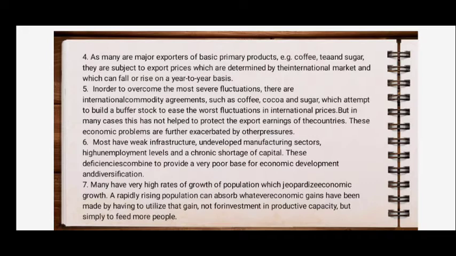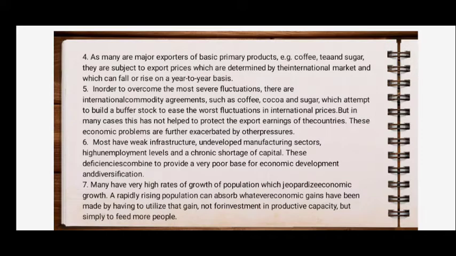Number four, as many are major exporters of basic primary products, for example coffee, tea, and sugar, they are subject to export prices which are determined by international markets and which can fall or rise on a year to year basis.